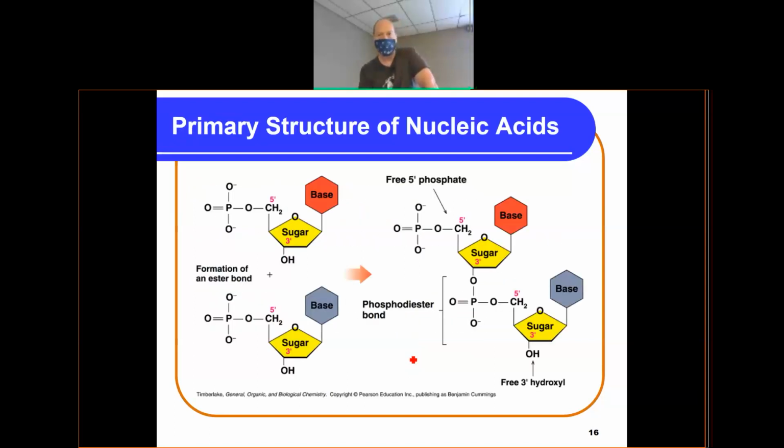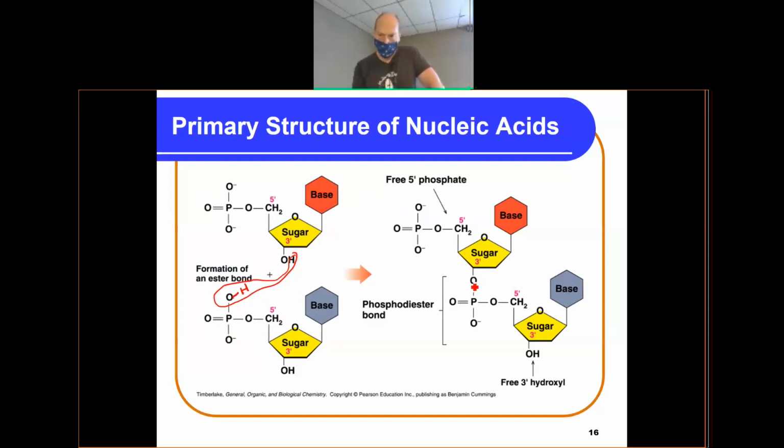All right, so now when you are going to link these to make the polymer, I will always put an OH here for my phosphate, because to link your ribonucleotides, the monomers of RNA and DNA, you take the H from the 3' hydroxyl and the OH from the 5' phosphate, and that's how you link it.